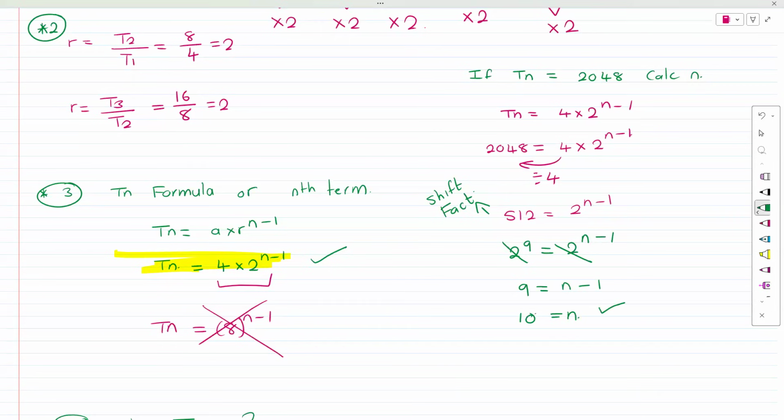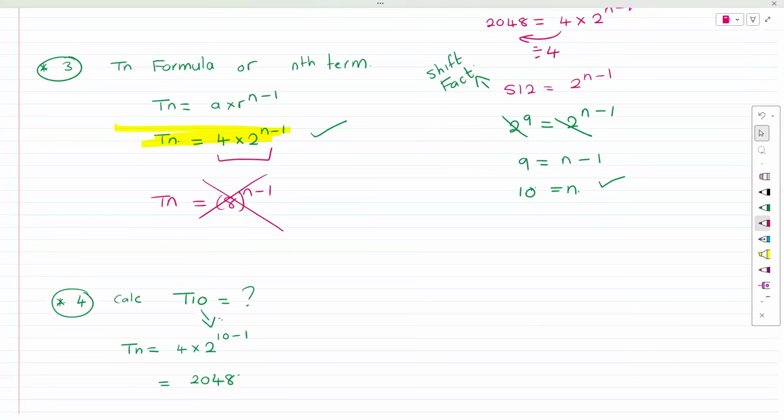The counterpart to this would be, they would ask "is". Maybe they could say, is Tn a part of the sequence? We could change the question. Is Tn a part of the sequence?